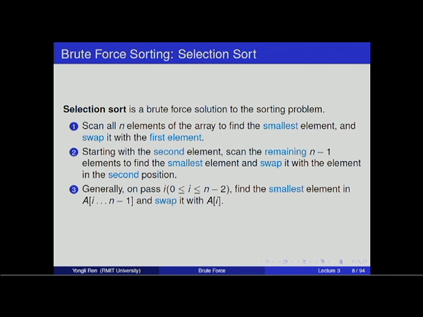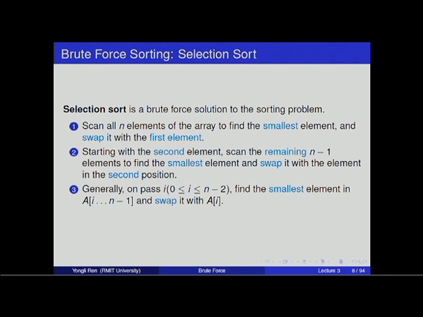We first get the whole list of the values. We start from the very beginning, and then we find the smallest one by doing one scan across all those values, and swap with the first element. And then we do the second scan by doing something like we check from the beginning, the second element, and scan the rest, and find the smallest, and then swap again.